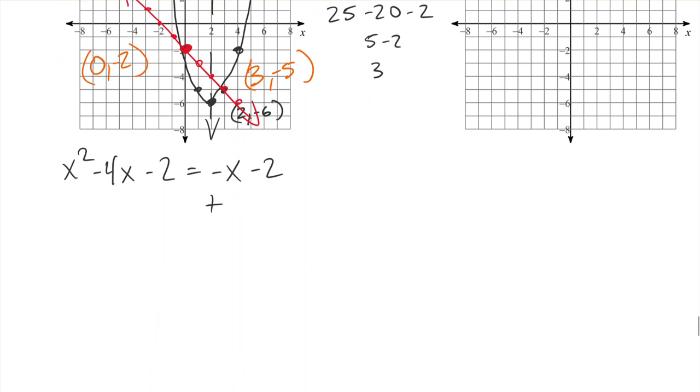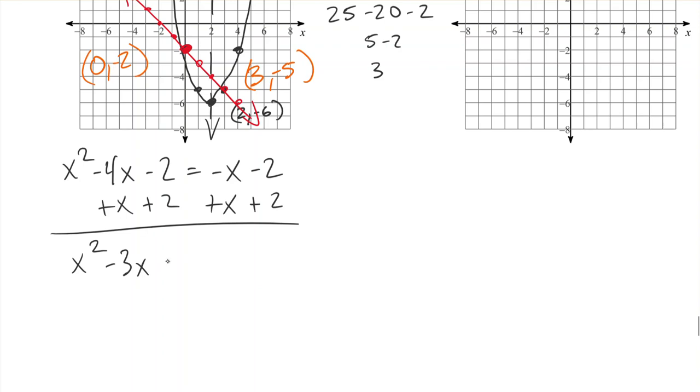Add x. Add 2. x squared minus 3x plus 0 equals 0, so factor out an x. x minus 3. x equals 0 and x equals 3.